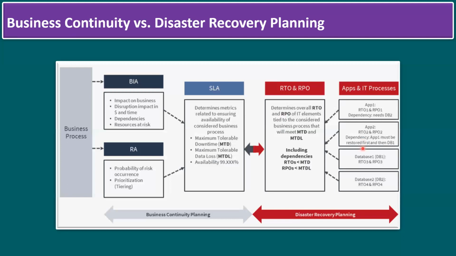In recovery, there may also be certain processes involved within the organization. A few examples I highlighted here. For application one, there is a dependency: the DB needs to be restored first. For application two, application one must be restored first, then DB1. There is a dependency, so we have to follow the restoration process and a specific sequence while restoring.